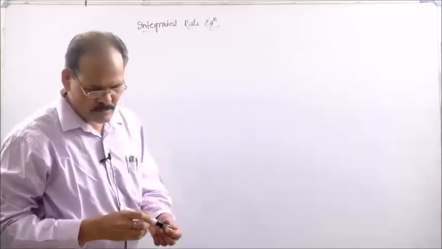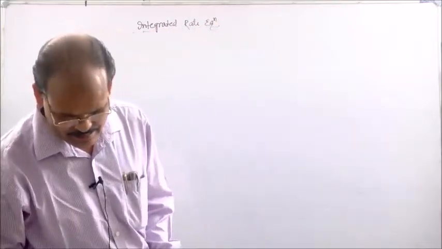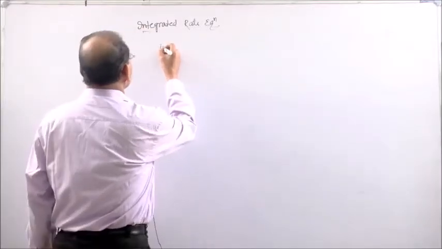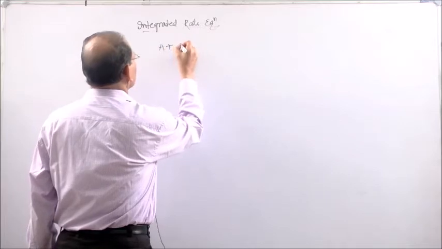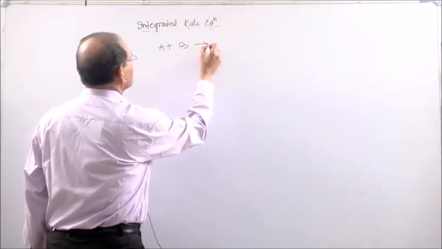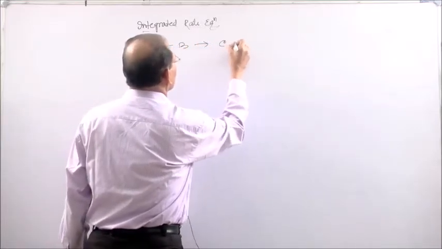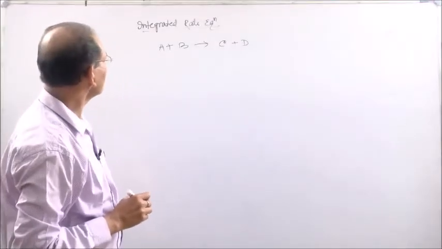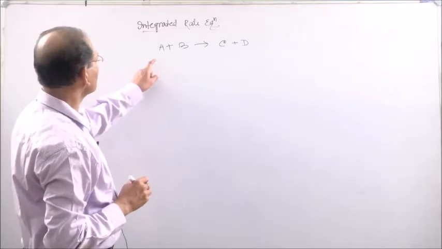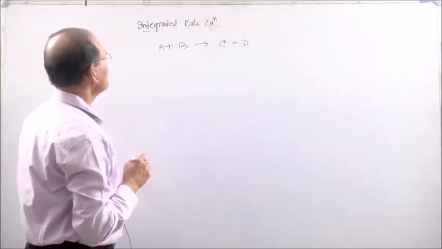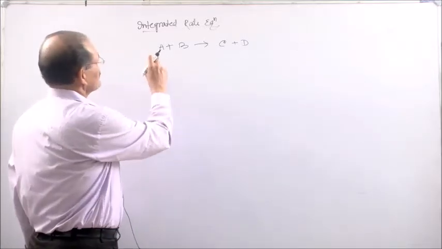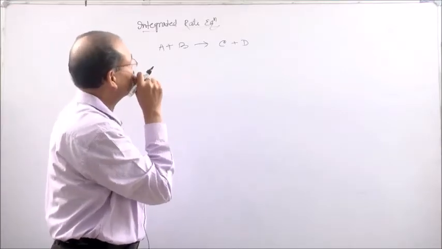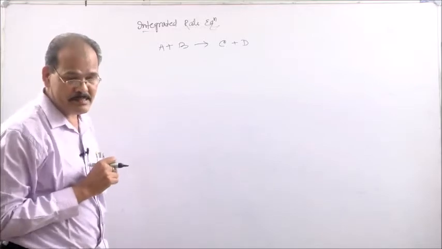As we know, the rate of the reaction depends upon the concentration of the reactant which gives the product. That means the rate depends upon the concentration of the reactant molecules, in which the concentration decreases to form the product, whereas the concentration of the product increases.